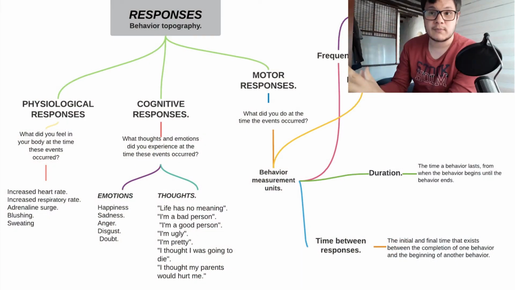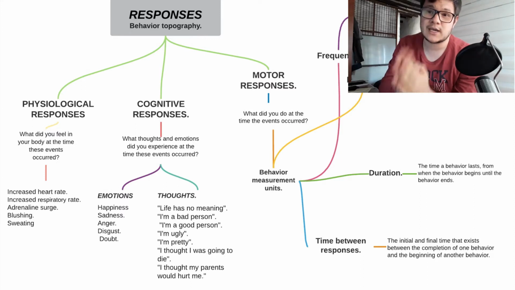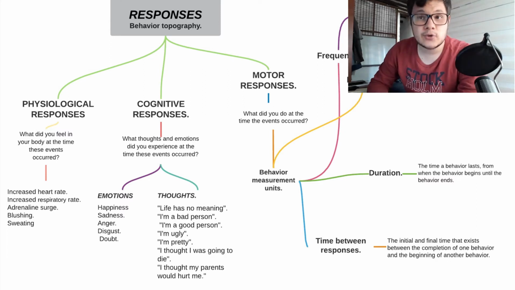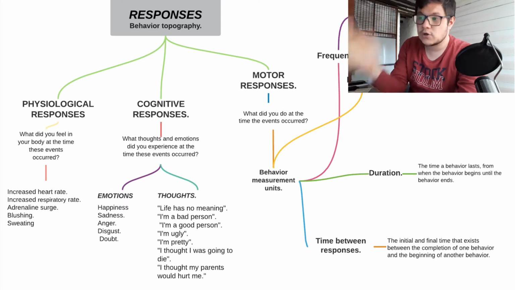Within the functional analysis, I have created for you this new concept map. I hope that this concept map is very useful for your education. And we will see the three responses again: physiological response, cognitive response, and motor response.